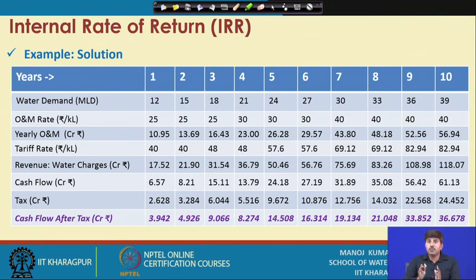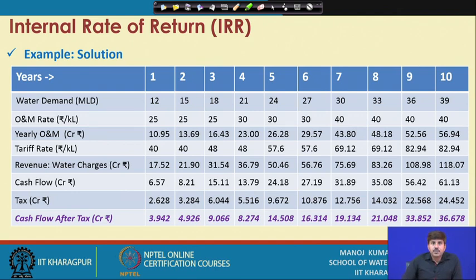So, the aim of the problem is to find at what rate of return the NPV will turn to 0, in a way that net cash flow after taxes, after depreciation and all factors, will be equal to the capital investment.